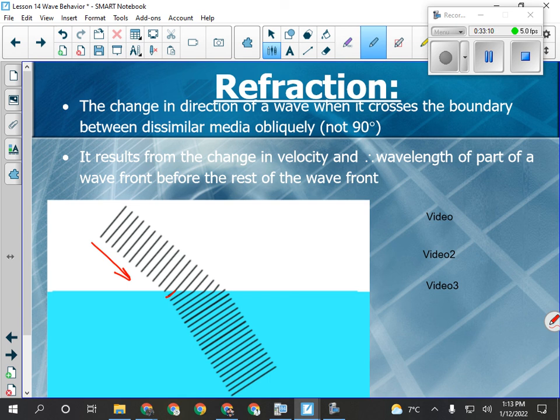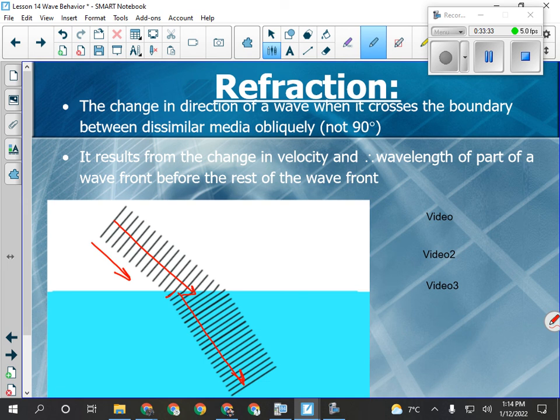And then eventually, once the whole wave has gotten into the new medium, the wave actually changes direction entirely. This is the direction of the incoming waves. But the outgoing waves are traveling in a slightly different direction because they've been refracted or slowed down. That's what I was showing you with the laser pointer earlier.